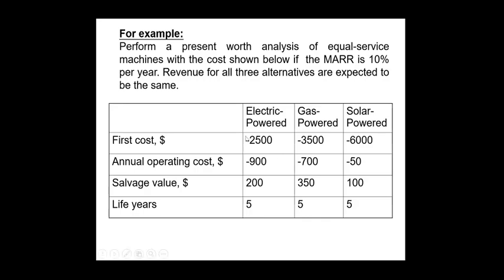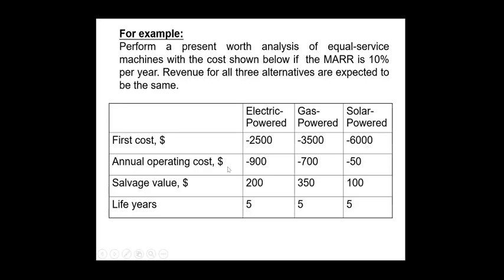And the first cost is the downward arrow of the cash flows at period 0. For the first alternative it is 5,500, the second alternative is 3,500, and the third alternative is 6,000.